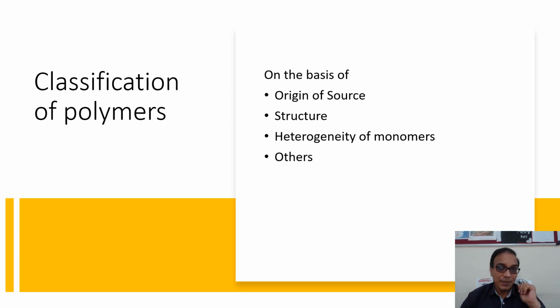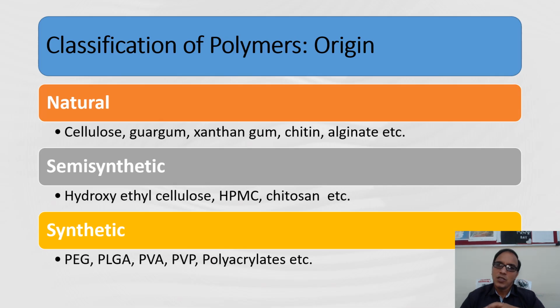We can classify the polymers on the basis of origin or source, structure, heterogeneity of monomers, or there may be several other classifications. Firstly, how will you classify the polymers on the basis of their origin?